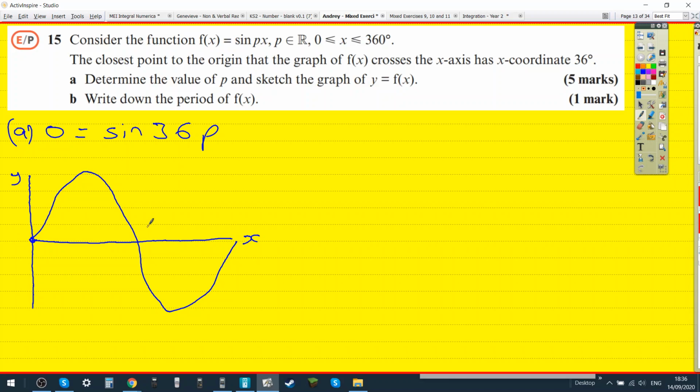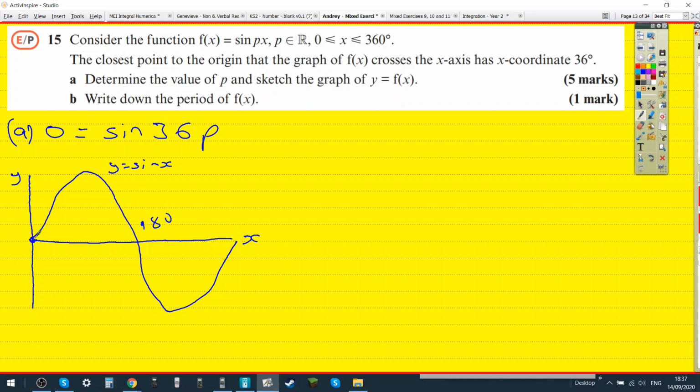What is that coordinate? So y is 0 and will that be 36, 0? Oh no, will that be like 5, 0 or something? This is just a sine graph. Oh, sorry. So that'll be 180, 0. So that's 180.